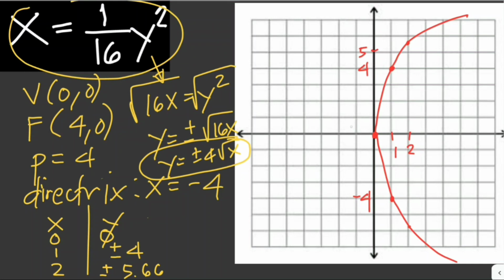This is our vertex, vertex 0, 0, and our focus is 4, 0. 1, 2, 3, 4. Okay, 4, 0. So this is our focus. And our directrix here, x equals negative 4. 1, negative 2, negative 3, negative 4.